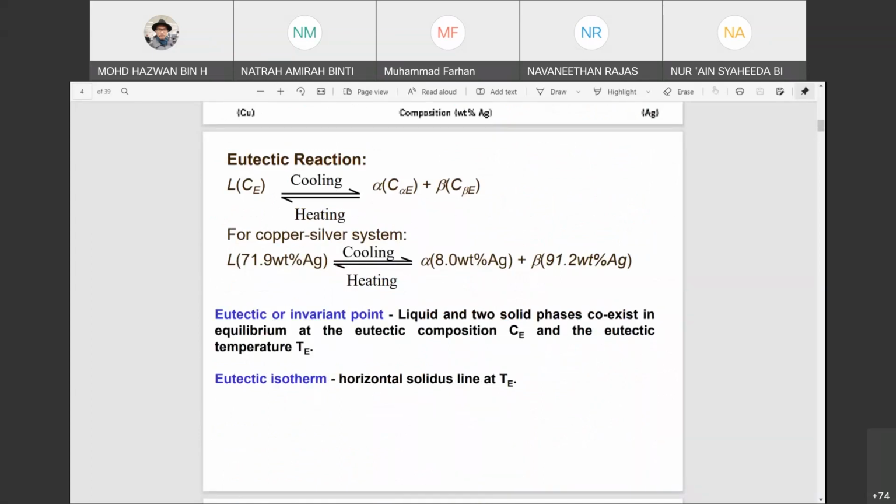In order to write the full equation, you will have liquid with the composition of eutectic, the point of total intersection of the solidus line and liquidus line, at 71.9% silver. A double-headed arrow for cooling and also heating. So we get alpha at C alpha around 8% plus beta at the composition of beta around 91.2.